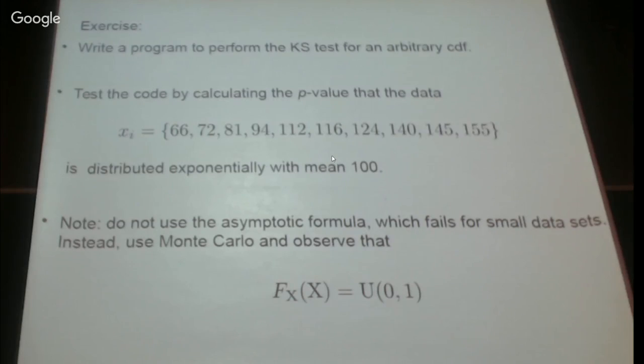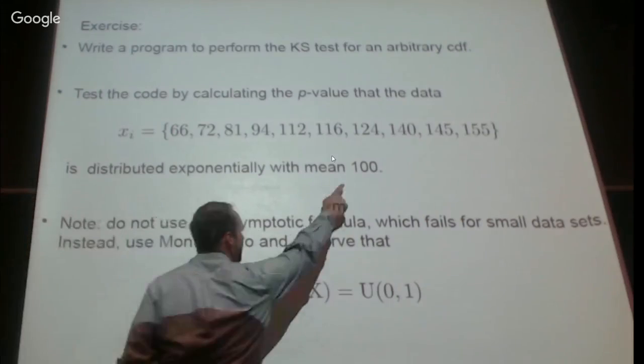So you have your data, and you calculate D on the data. Now we want to ask the question, what's the probability of finding a D at least as large as the one that we observed? Well, one way to do this is to just generate lots of data sets of size 10, where you draw 10 from an exponential distribution with mean 100.